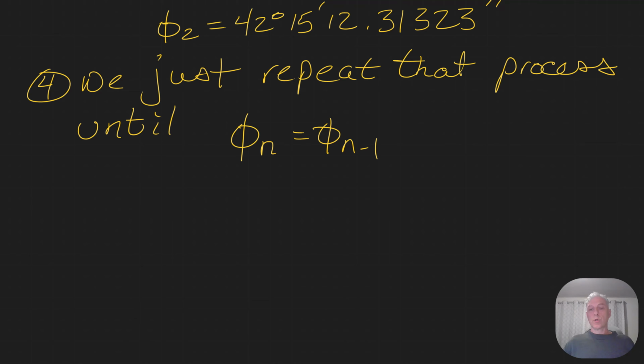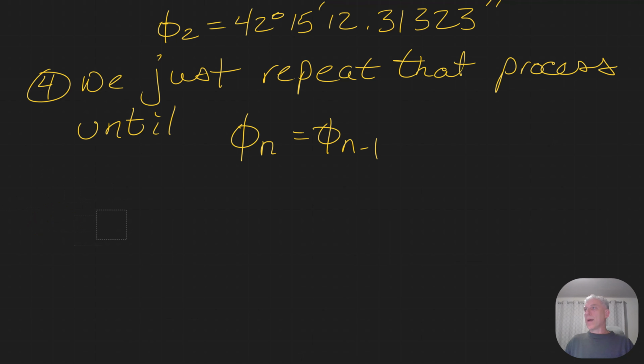So we keep going, get a latitude, get a latitude, get a latitude, until we get a latitude that is of the same value as the immediately preceding value for the latitude that we derived. And then, once we have our phi that we're satisfied is a close enough value, that is, that we're not seeing changes out to the 5th decimal place, I'm not going to put step 5 yet.